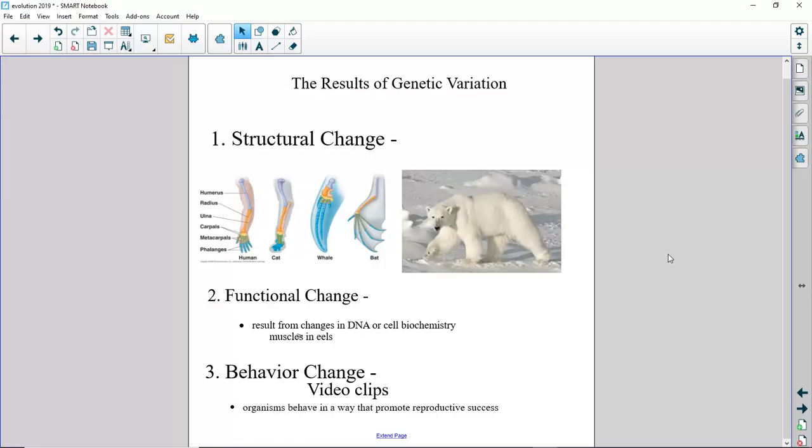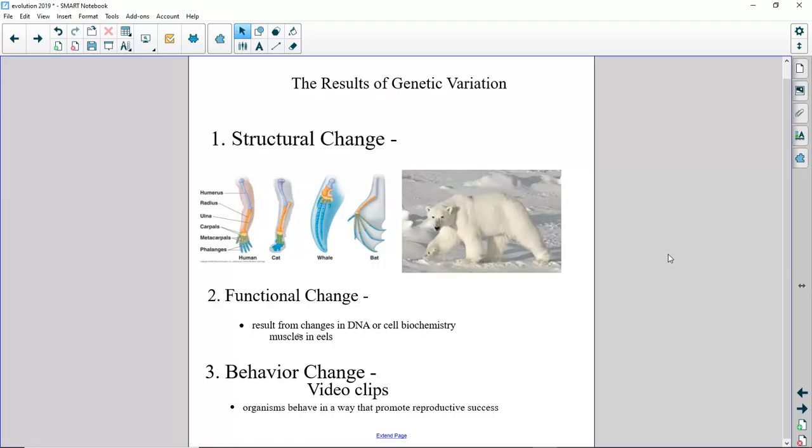The muscles of those eels produce a massive shock that stuns or kills its prey. There are changes in DNA as well. An example would be a mutation in the DNA in certain one-celled organisms that led to their ability to make enzymes that digest things like wood.